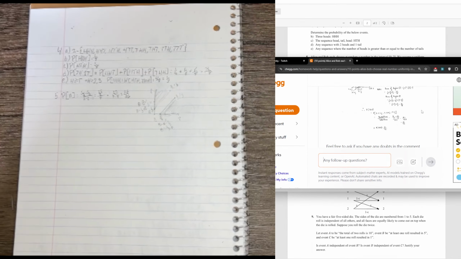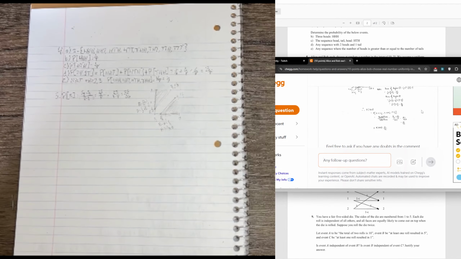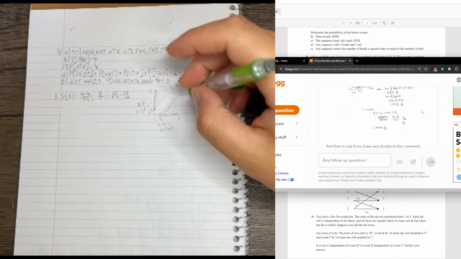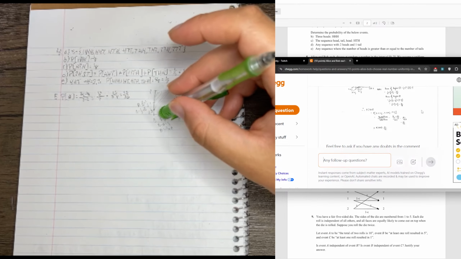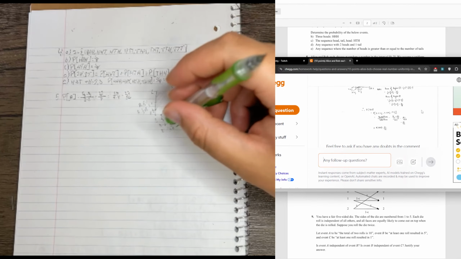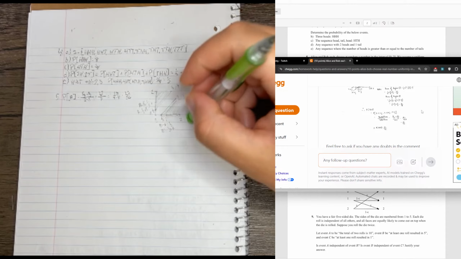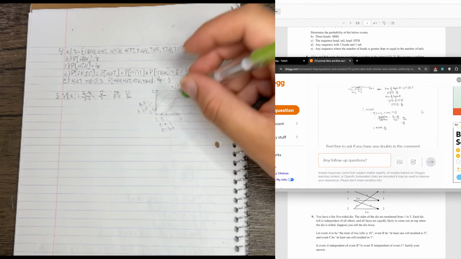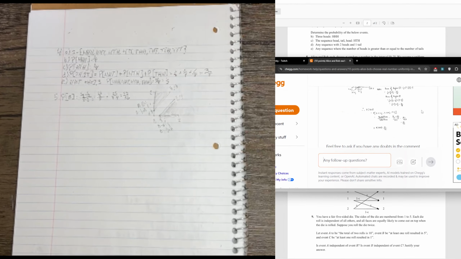What? 5/3. Maybe I was too quick to just assume that it was the same. Nope, that's the same. That's 5/3, and that's 5/3 here. 0 to 5/3. Yeah, that's still the same.